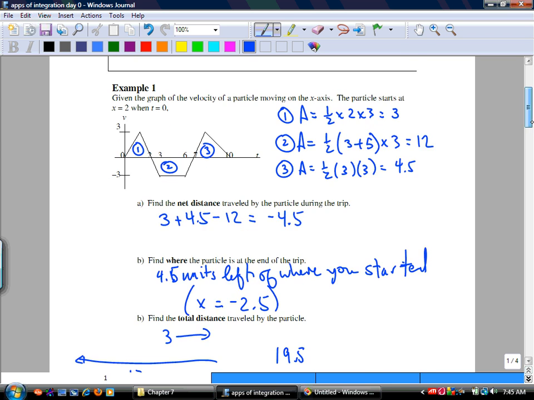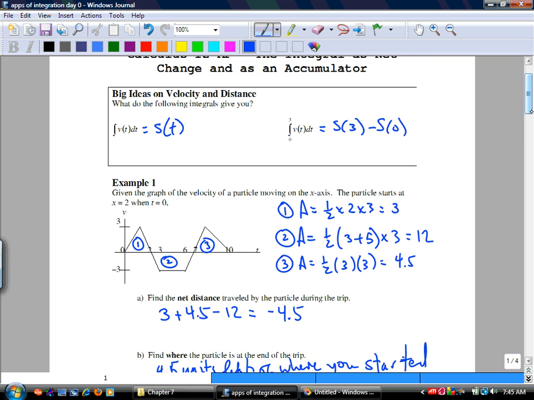Well, technically, we could take this information and draw a position time kind of sketch where we're starting at 2, and then we go 3 units right, so we're now over to 5, and then we're 12 units left, so now we're over here at negative 7, and then we're 4.5 units right, so we're now at negative 2.5.